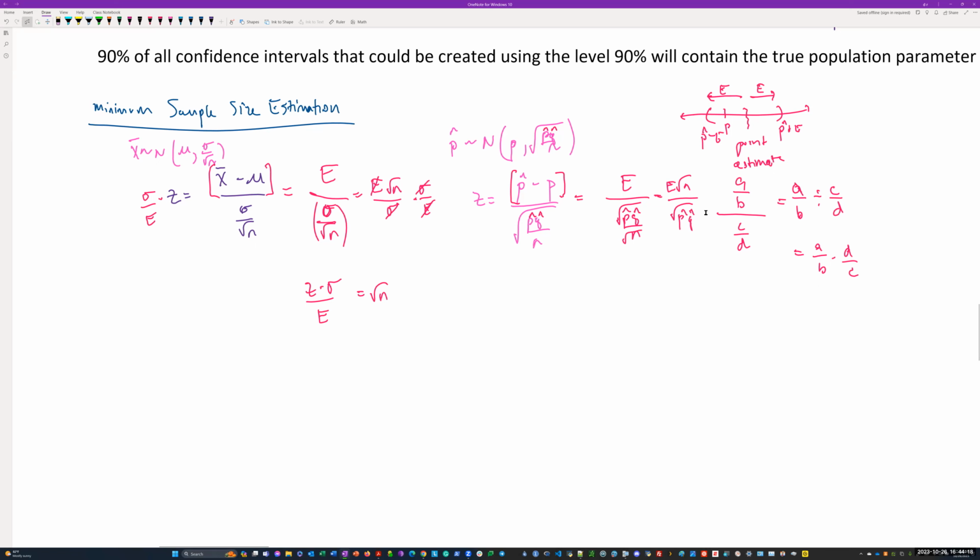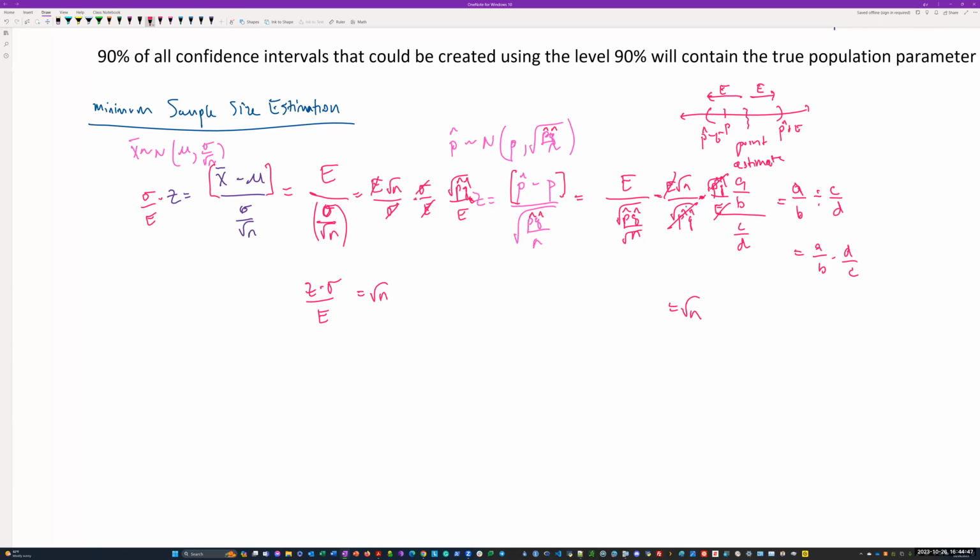And then here, we can do more or less the same thing. Multiply by root p hat q hat over E. Then this stuff cancels, that stuff cancels.